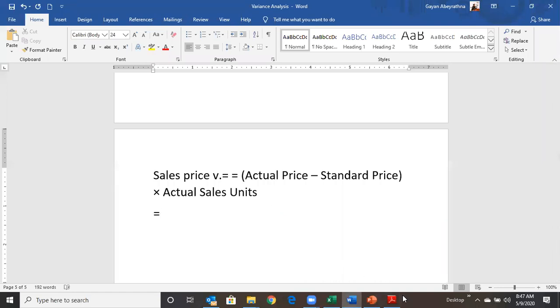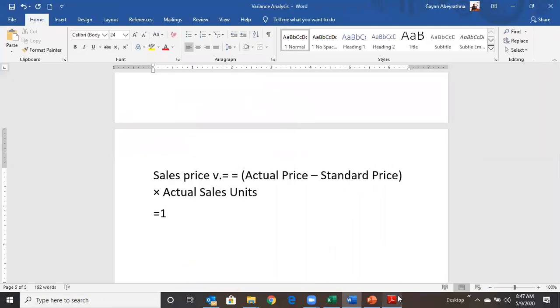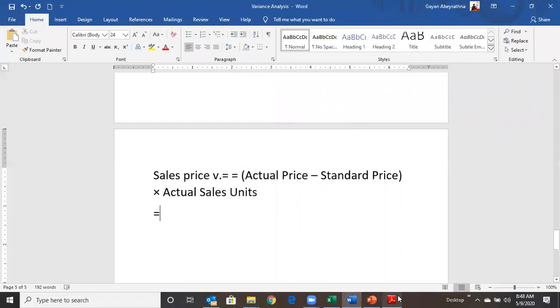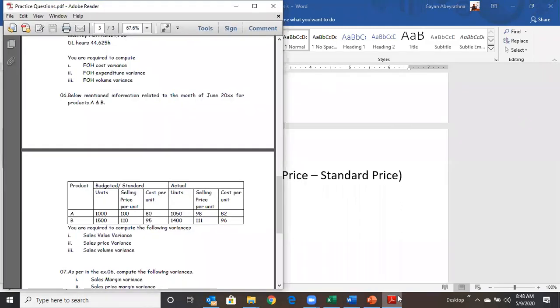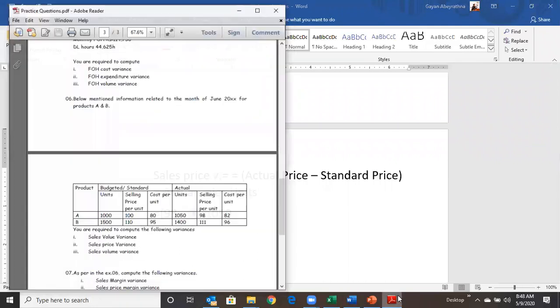Here in product A, actual price 98 minus 100 into actual sales units 1050. Then you can get 2 into 1050.